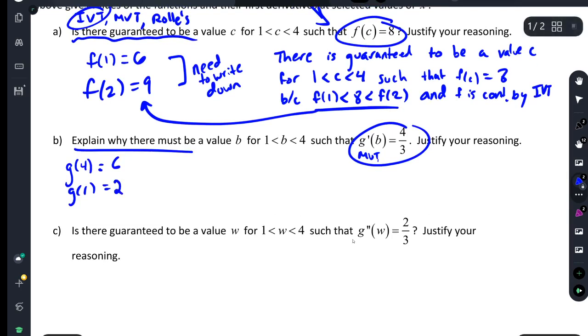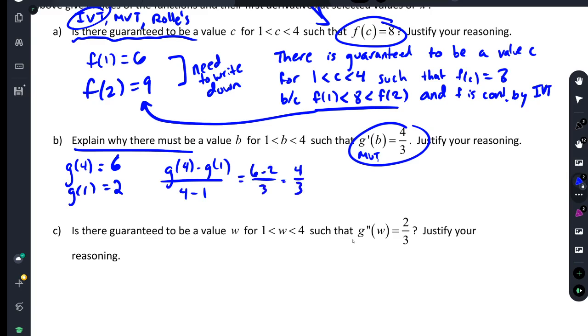So then I'm going to write out g of 4 minus g of 1 over 4 minus 1. That's the average rate of change. That's 6 minus 2 over 3, which is 4/3. So that was my average rate of change, which they wanted.